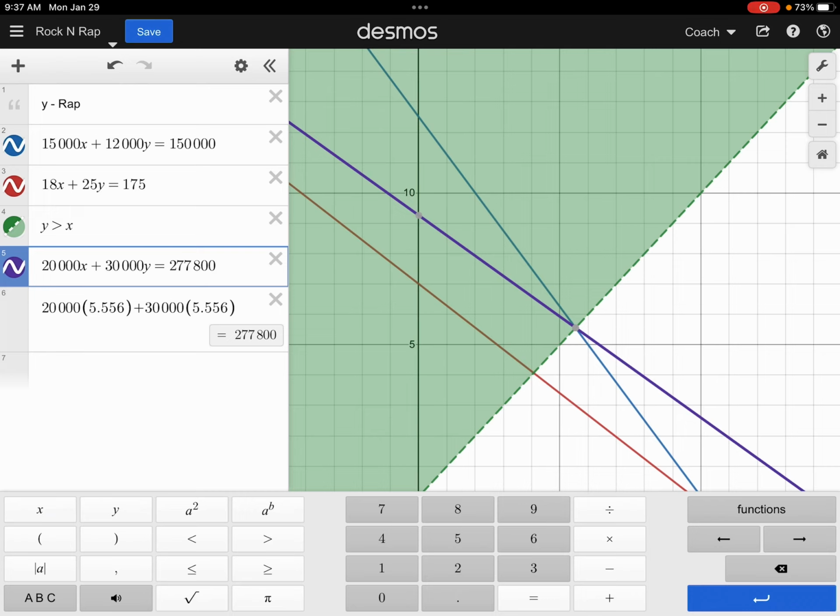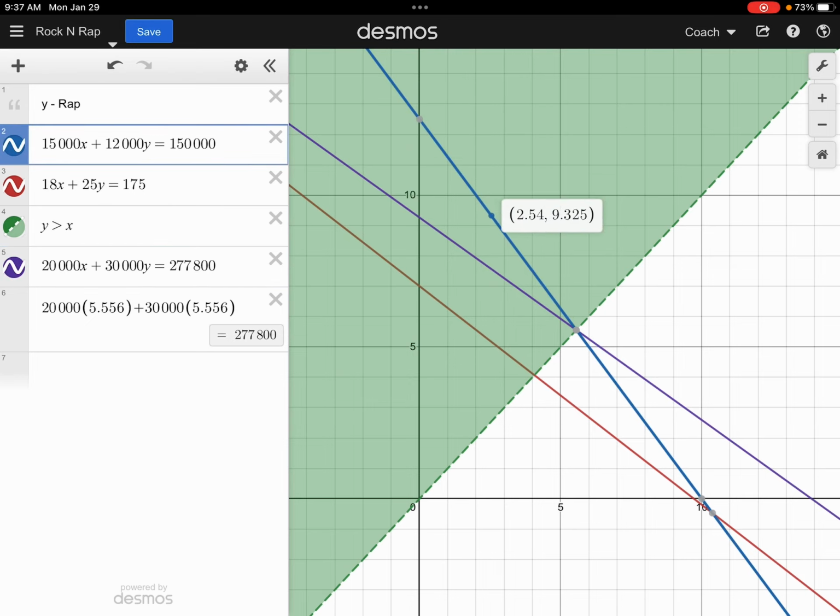And what does that do? Okay. Well, that puts it through that point. But my profit line, you can still see, it looks like there's still some space above it that we could still work with, right? We still have space below this blue line, okay, that is still workable for our profit.